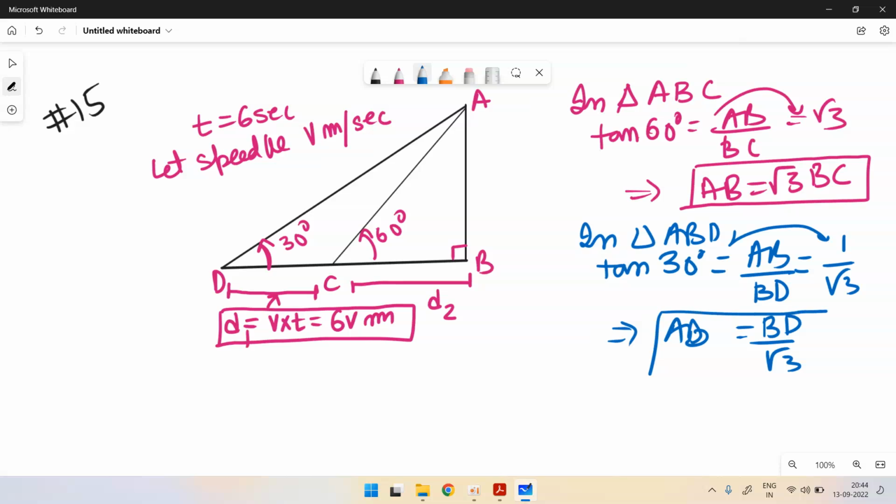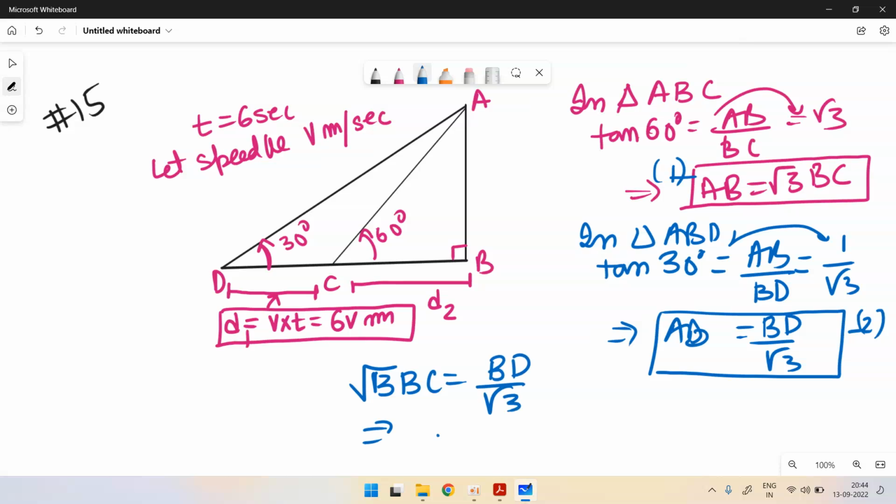Now from equations 1 and 2, AB is equal to AB, which implies that root 3 BC equals BD by root 3, which implies that BD equals 3BC.